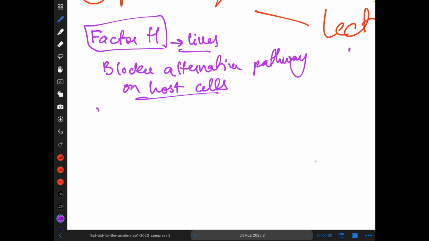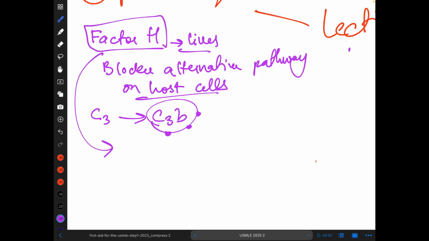What is happening in the alternative pathway? C3 is converting to C3b spontaneously, and it is unstable. To become stable, it needs some components, like amino or hydroxyl groups that are also present on host cells, but host cells protect themselves with factor H. It accelerates the decay of C3 convertase, decreasing the amount of C3 convertase, the component for converting C3 into C3b.